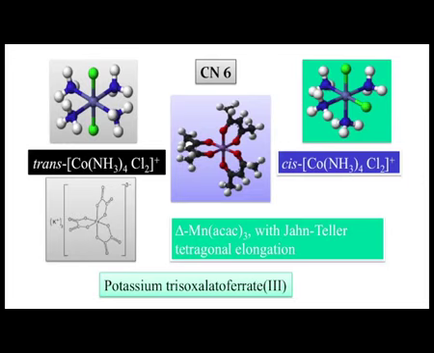And if we find that 4 of them are in close range and 2 of them are in the longer situation, and we consider that this particular plane is a tetragonal plane, the one above the tetragonal plane is longer and the one below the tetragonal plane is also longer. So, the nature of the elongation is tetragonal elongation. Based on a tetragonal plane, one bond is longer and the other bond is also longer with respect to the other manganese-oxygen bonds.